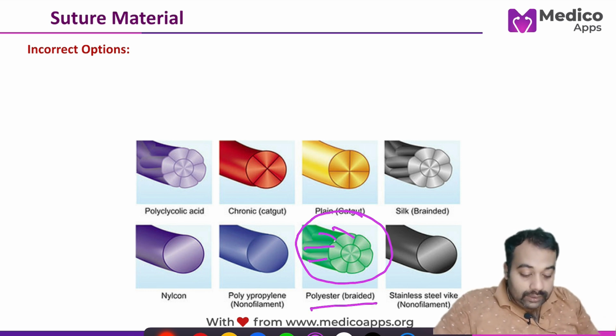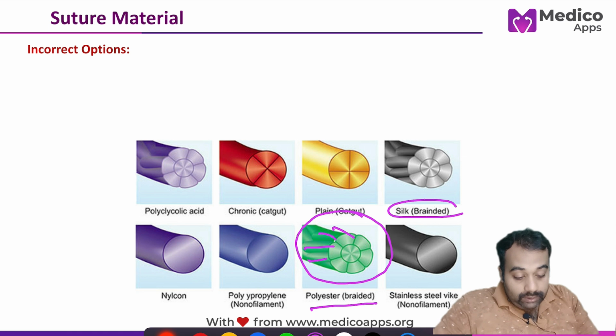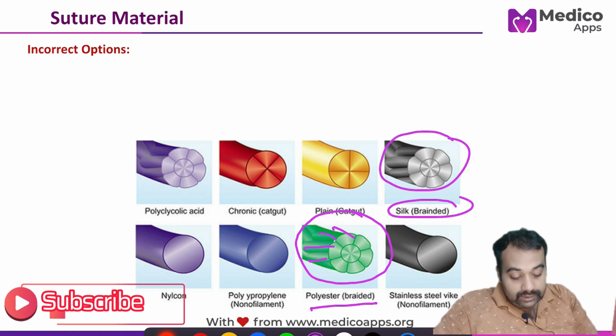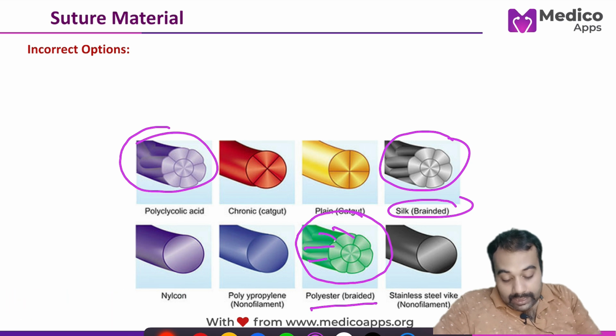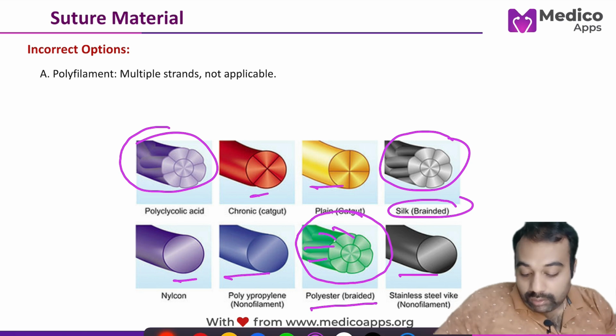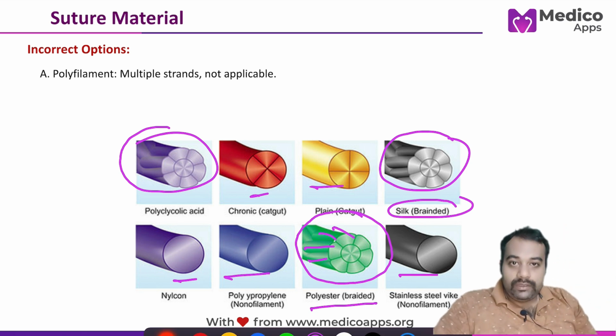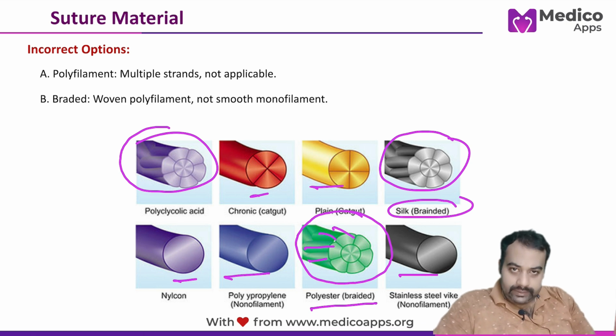This is what a braided suture is. The same thing can be seen in silk, and also in polyglycolic acid. The rest are monofilament sutures. You can see that, right? Polyfilament, as I have already mentioned, means multiple strands, which is not applicable in this case.